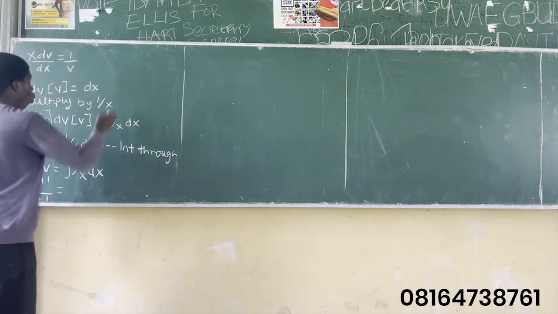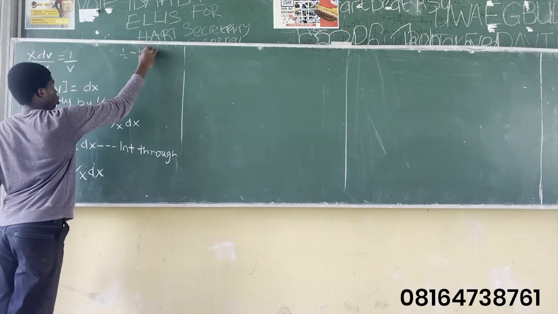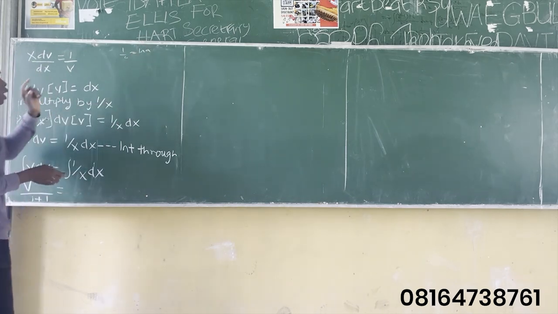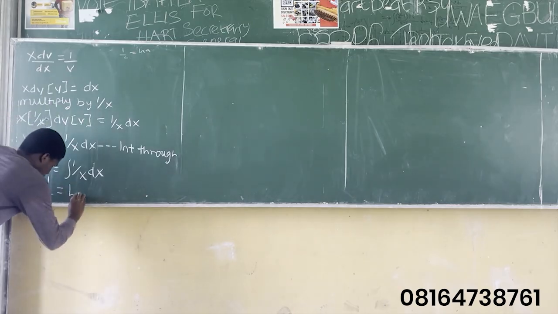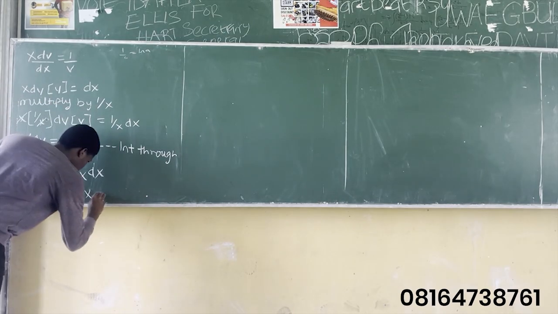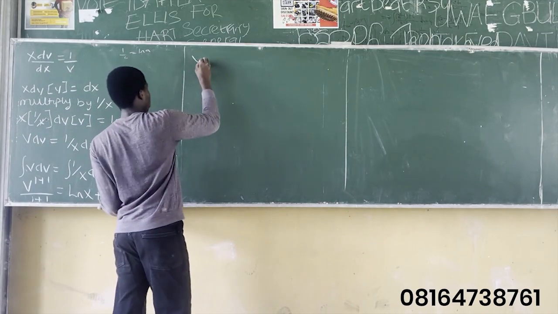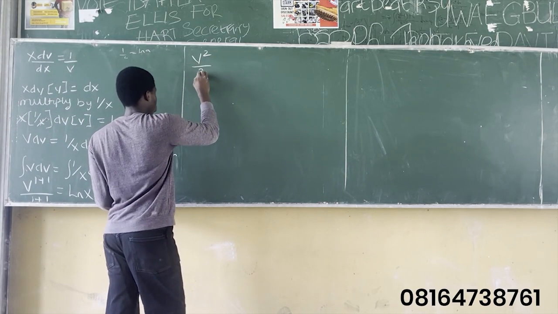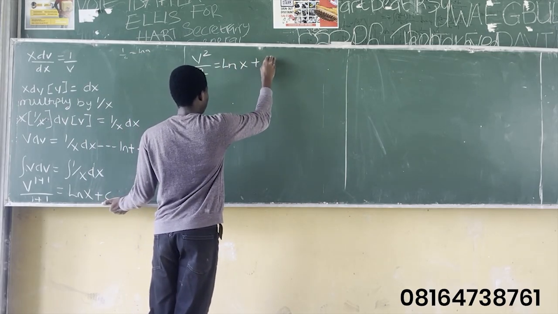And if you integrate 1 over a function, it gives you ln of that function. So if you integrate 1 over a, you get ln a. So this is ln x. Then we add our constant of integration, plus c. So this is going to be v squared divided by 2 is equal to ln x plus c.